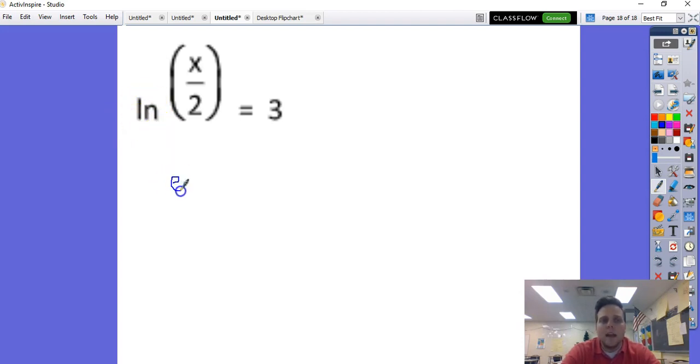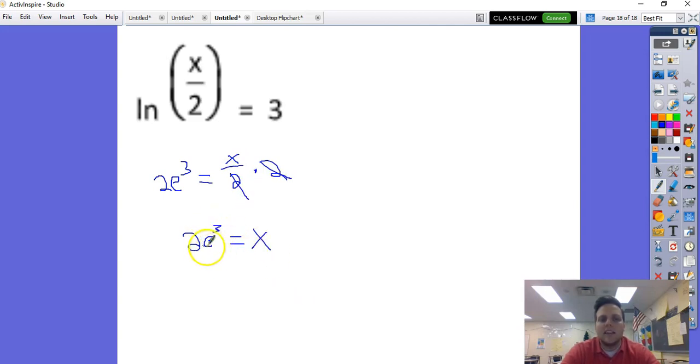So I say my base, so e, raised to my power out here, which is 3, is equal to x divided by 2. So now what I want to do is finish solving for x. I'm almost there, but what is the opposite of dividing by 2? Multiplying by 2. So I get 2e cubed equals, well, this divided by 2 and this times 2 cancel out, and I get x.